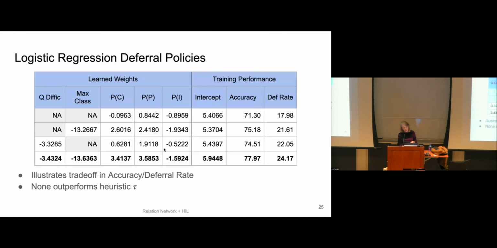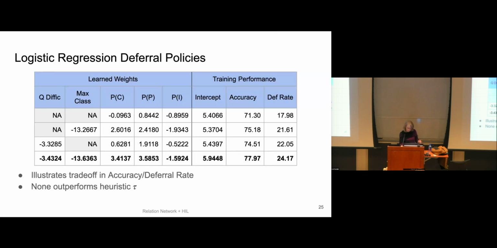And so here, what we're seeing is we tested a bunch of these, and for 4 combinations of these 5 features, we can see the accuracy does go up and the deferral rate goes up. But this accuracy is not better than on the dev set with our threshold, but it's close, and the deferral rate is much lower.